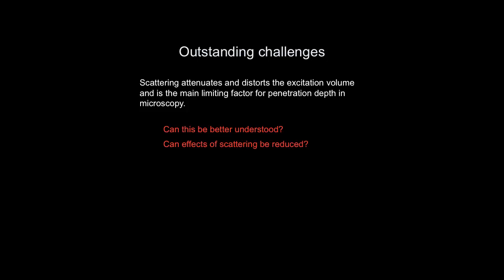We would like to know if the scattering effects can be reduced in any way, and if the penetration depth and the image quality can be improved. I hope you'll get some knowledge about that from the next lectures.